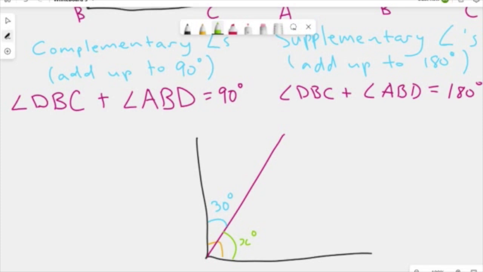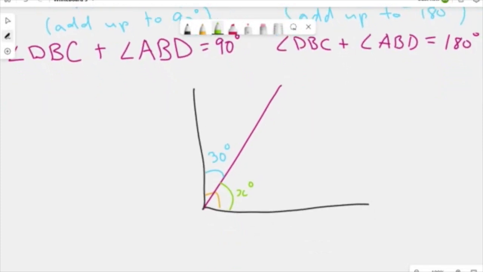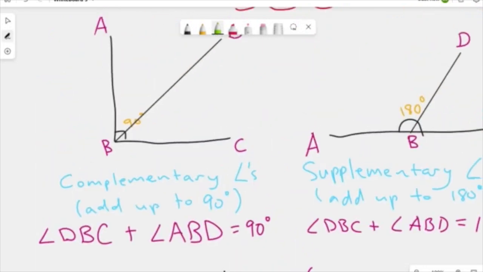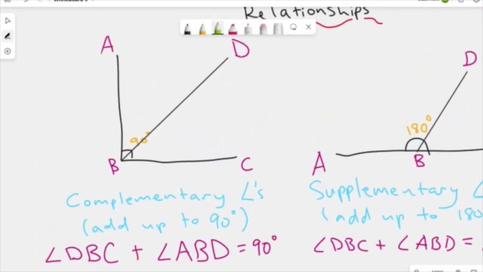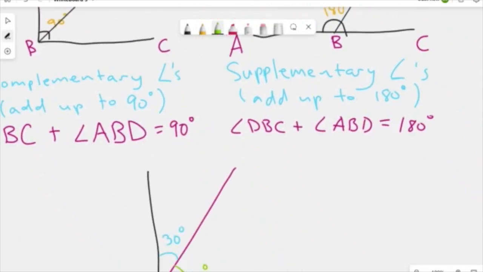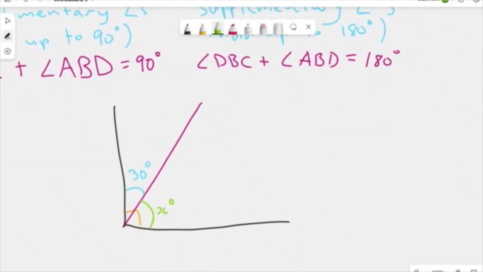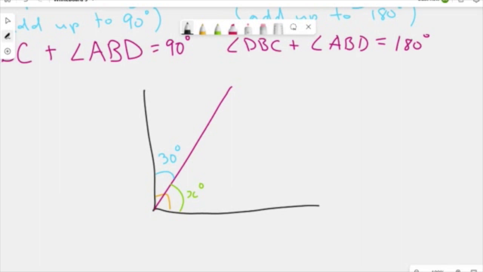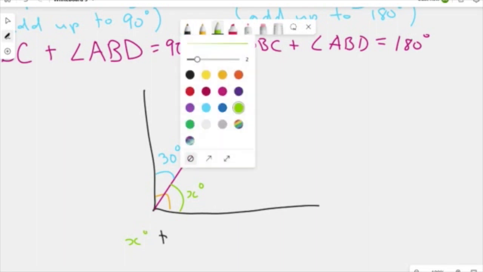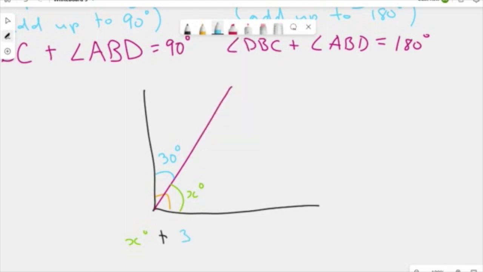We don't know what X is, but from our complementary angles, which we know add up to 90 degrees, we have this relationship that X plus 30 degrees equals 90 degrees.